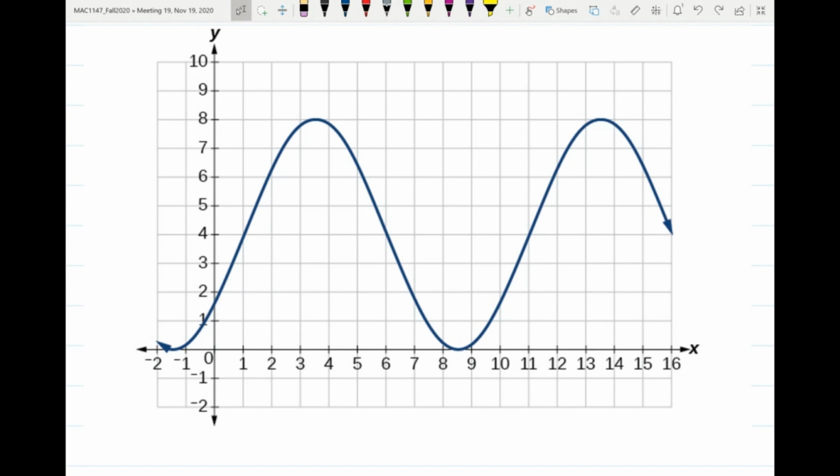Okay, does anybody have a choice? Should we use sine or should we use cosine for this particular problem?